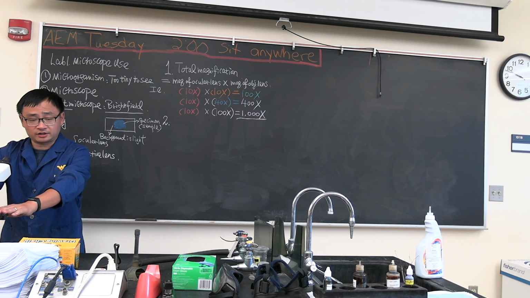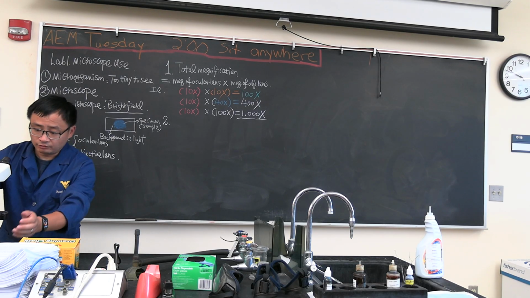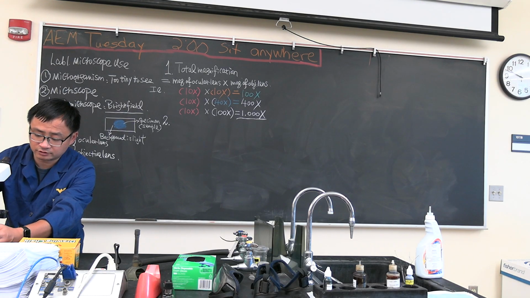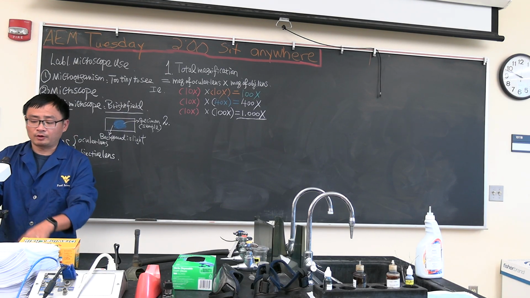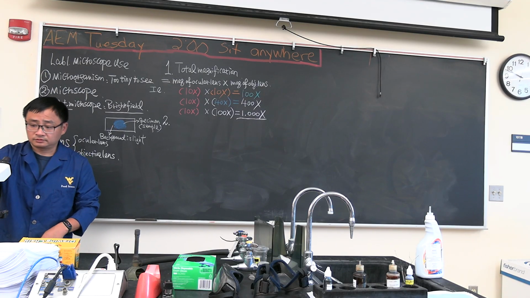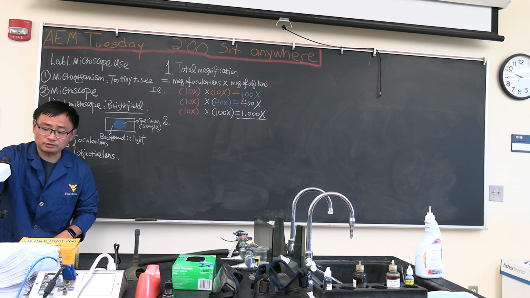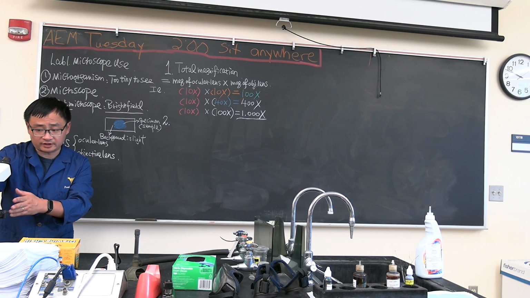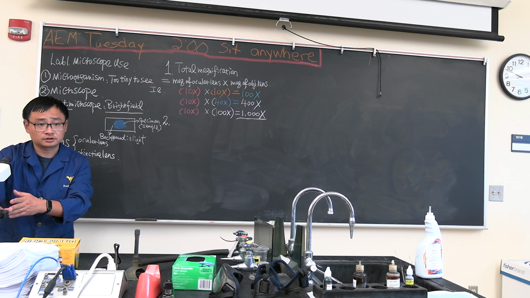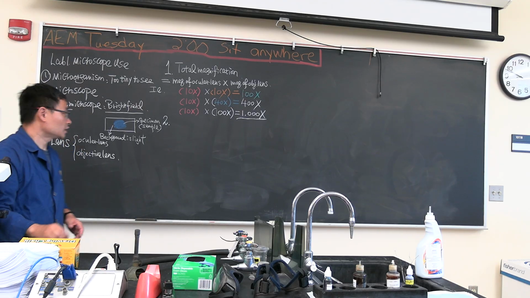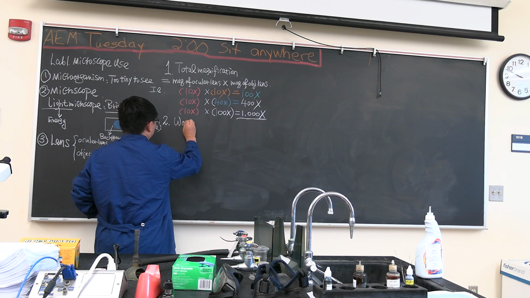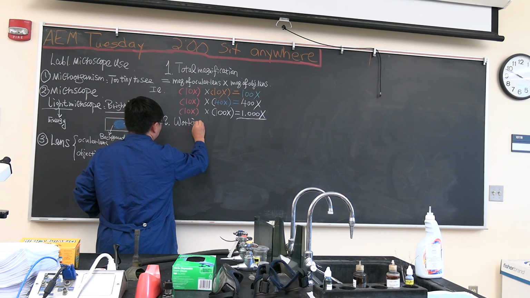We have the stage, and we have the controls for moving up and down, the coarse focus and fine focus, which we can talk about later. Once the stage is set up, when you twist it, you will see the distance between the objective lens and the stage is different. This gives you a second concept called working distance.